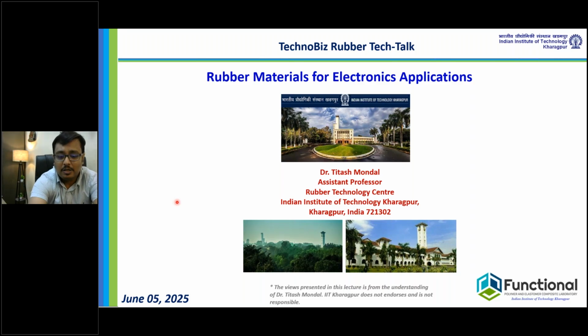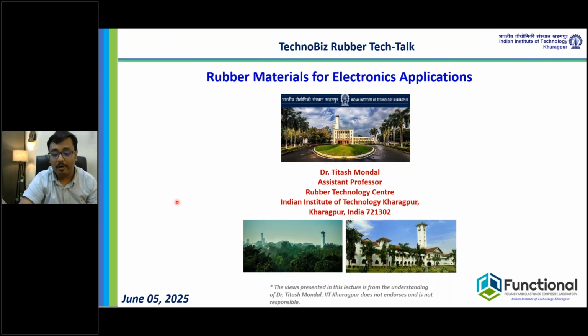But what my research team is currently trying to do here at IIT Kharagpur is to start a new domain, applying the rubbery material to a new generation of material by leveraging the learning from the traditional material.